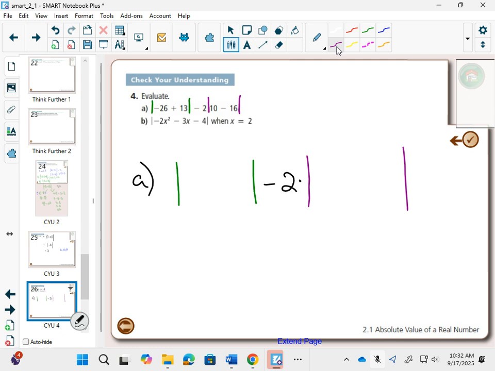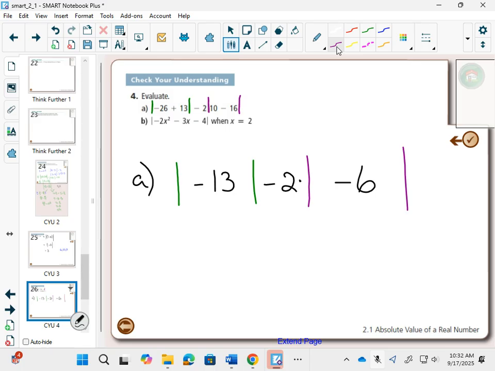First of all, minus 26 plus 13 is negative 13. And 10 minus 16 is minus 6. Do you see that you now have one number inside the green absolute values? The green absolute values are saying, how far is negative 13 away from 0? It makes things positive.